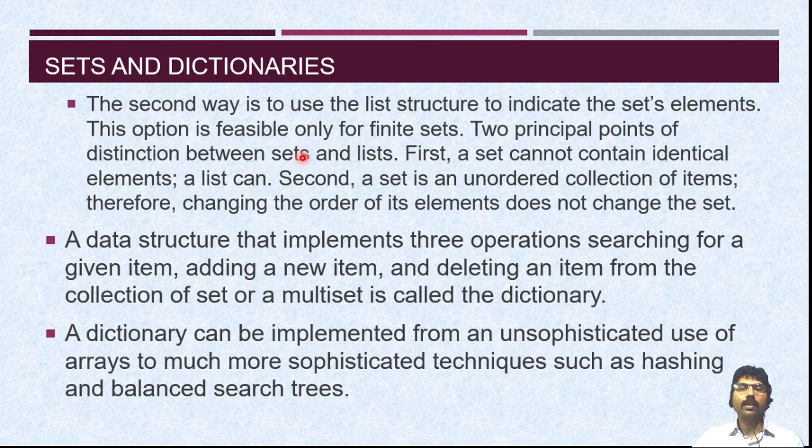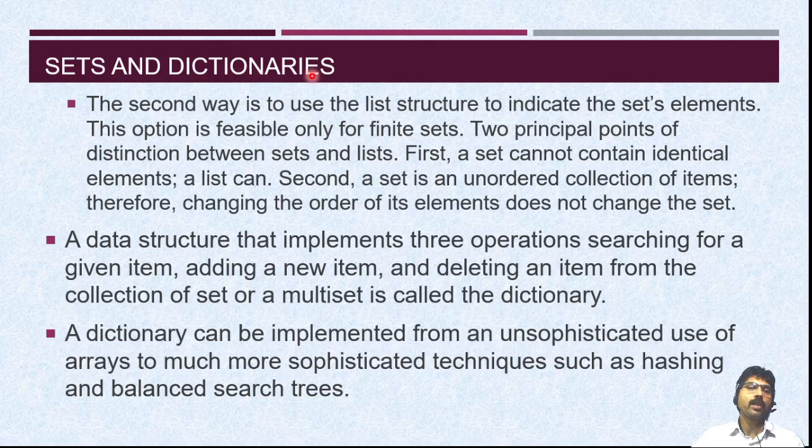The second one is that a set contains no identical elements. But in a linked list, the elements can be duplicated and the list will maintain an order. So when we design sets using a linked list, we have to consider these two properties of sets. That means there is no duplicate value and order is not important. That we have to maintain in the linked list.